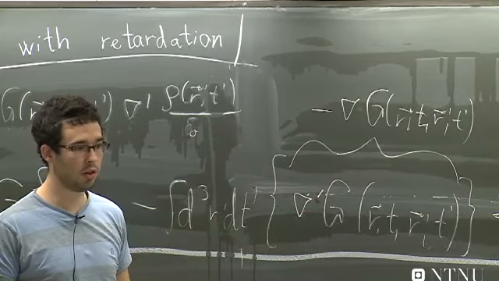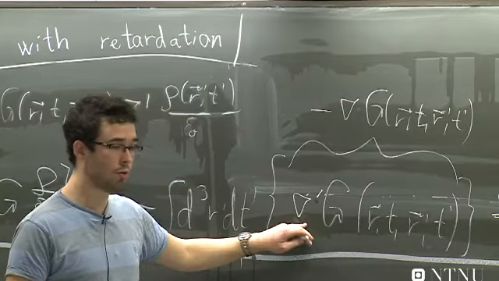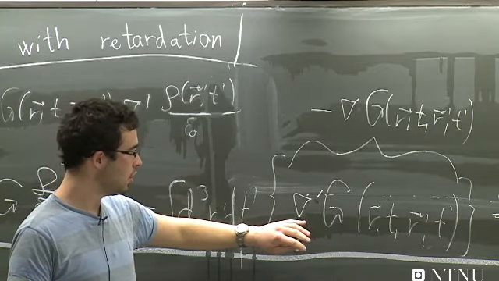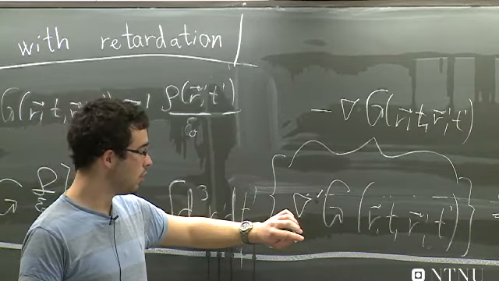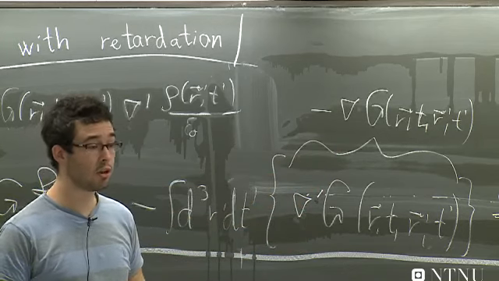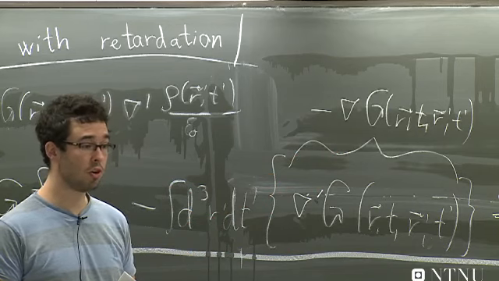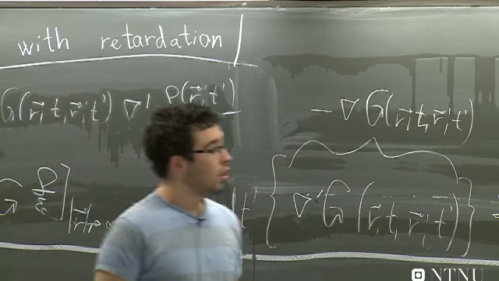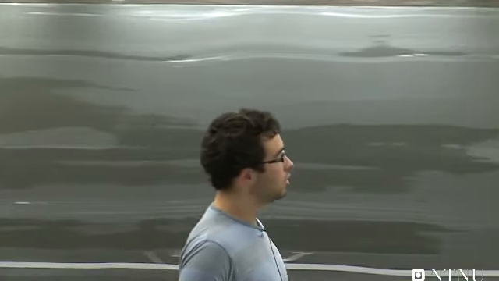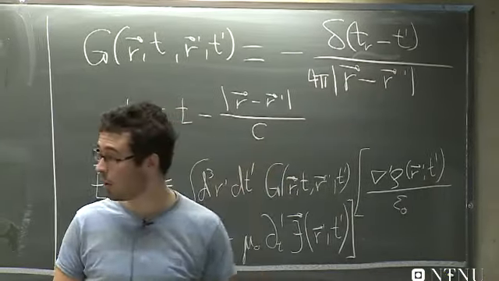This follows from the defining equation of the Green's function, but I'm not going to spend time on proving that. It's a property of the Green's function because of the spherical symmetry here, right? The Green's function depends only on the distance between t and t prime, like here, and also r minus r prime.